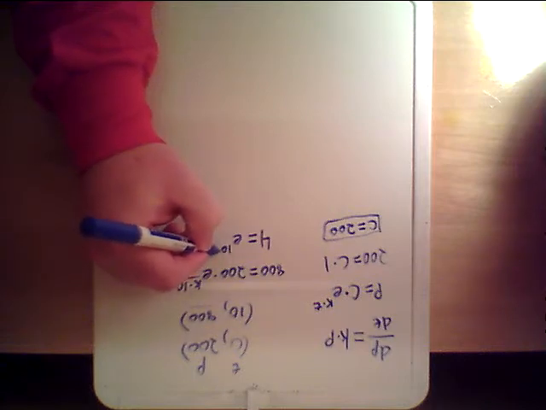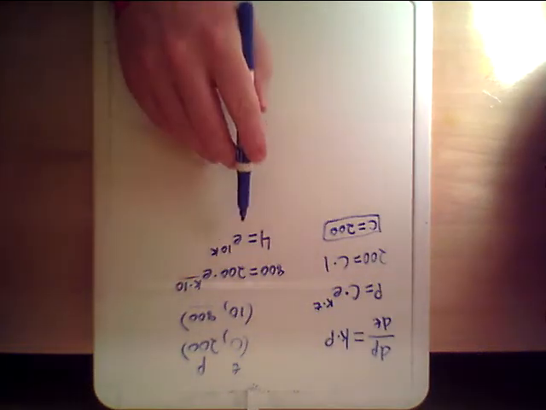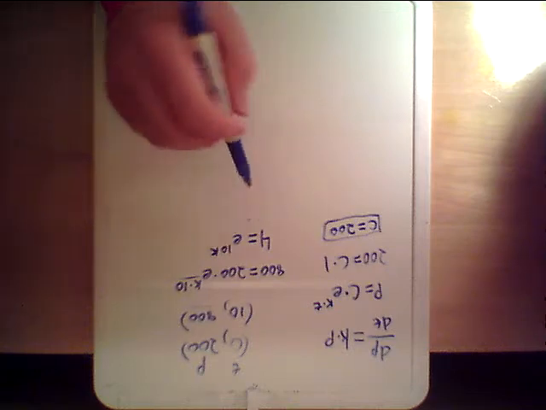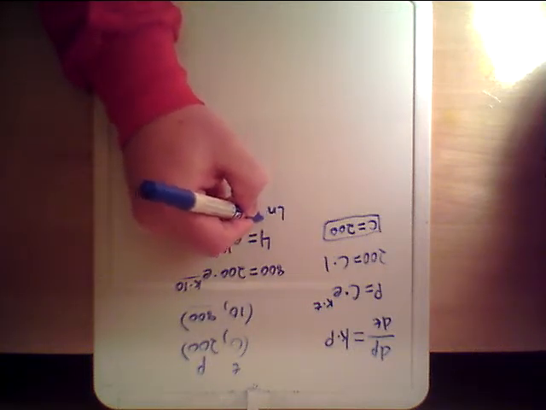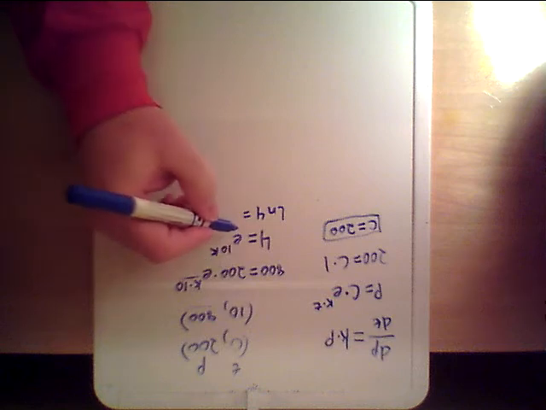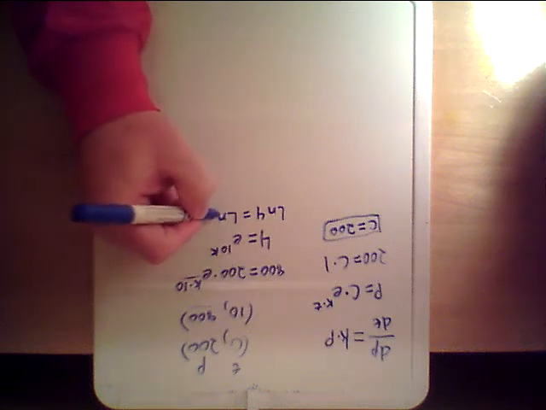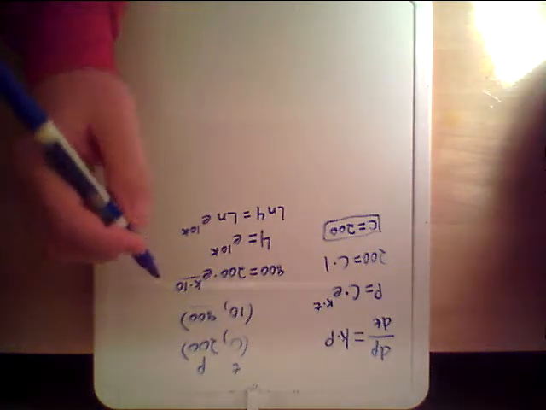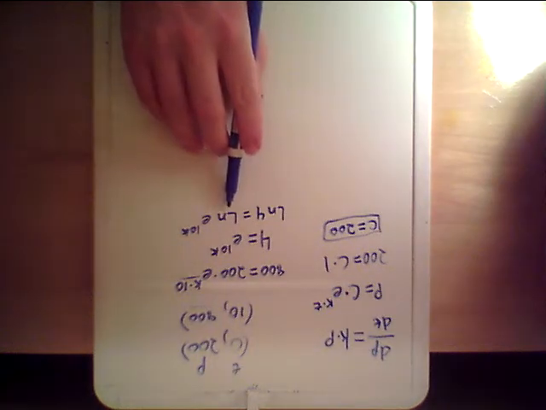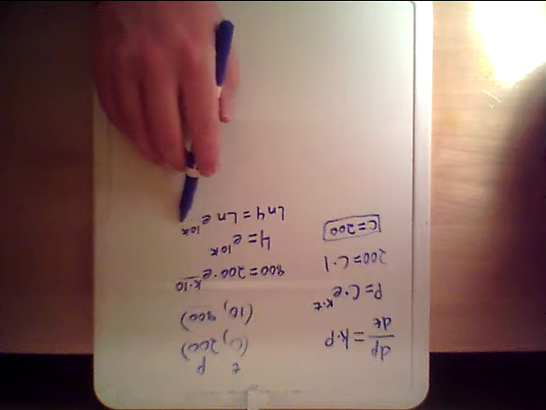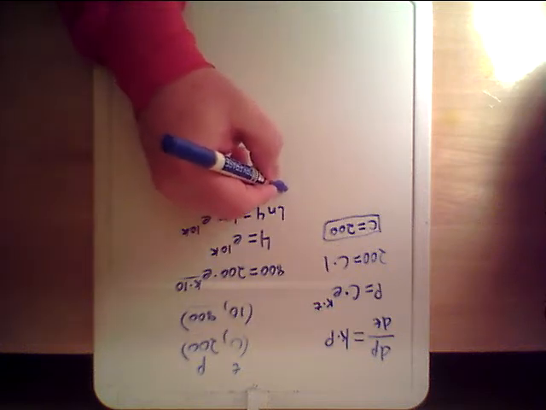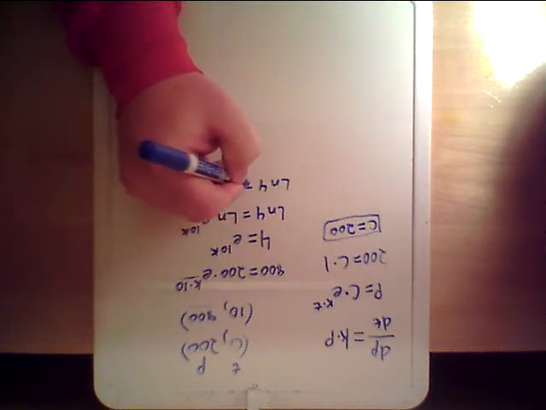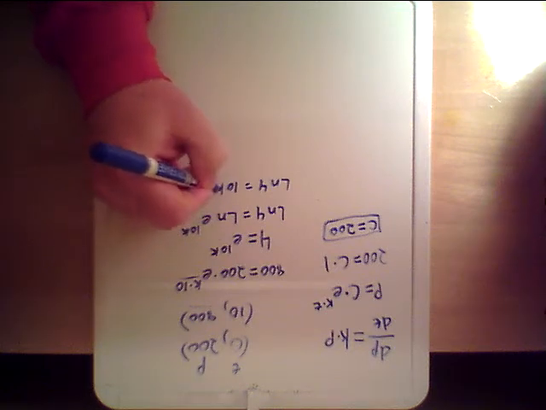Since we have an e here, we'll take a natural log of both sides. So natural log of 4 equals the natural log of e to the 10K. These are inverses. The natural log of e to the something is just that something. And we'll leave this alone, just natural log of 4 equals 10K.